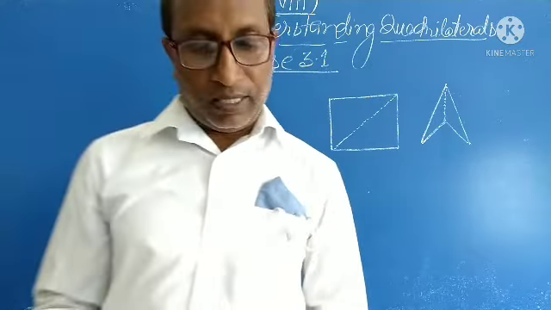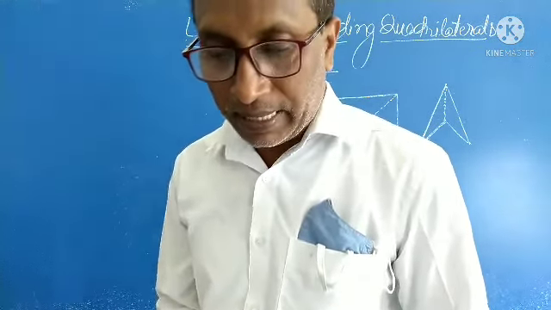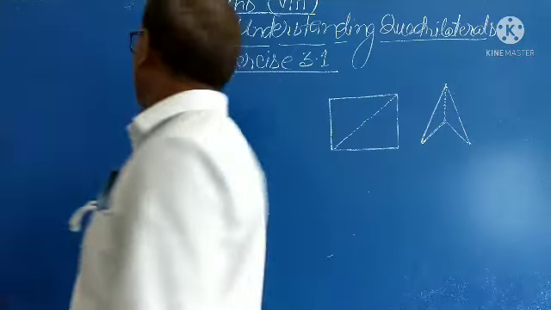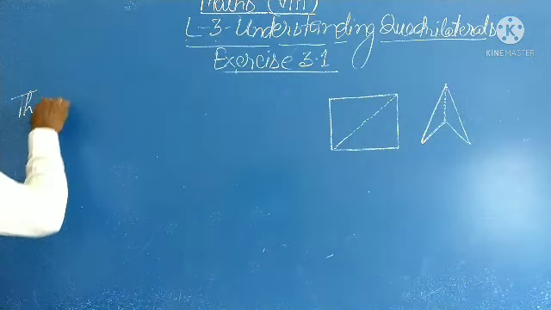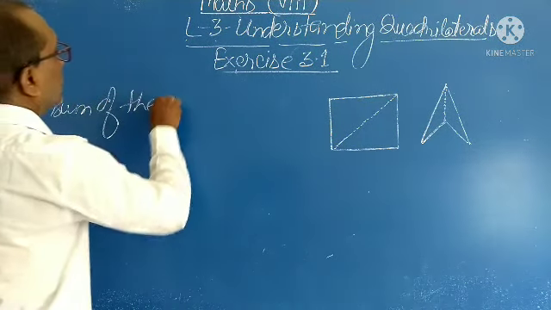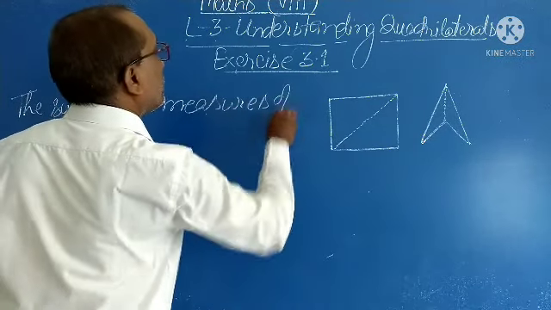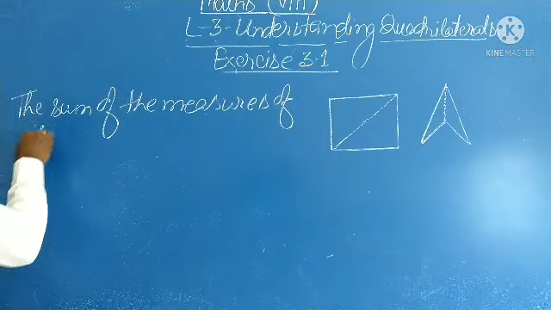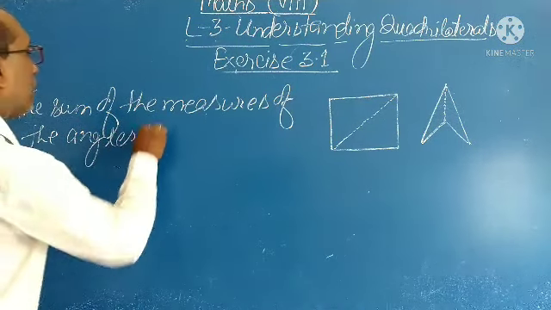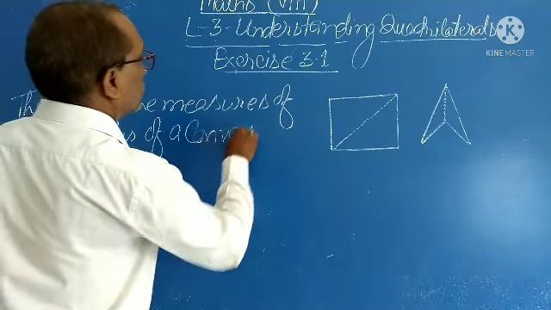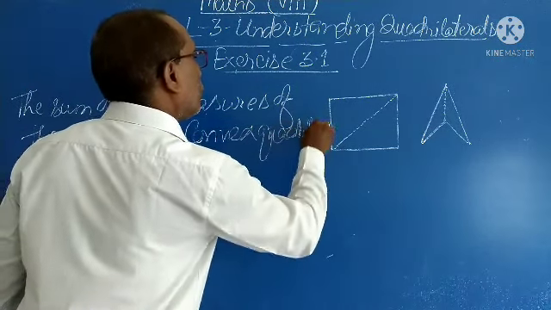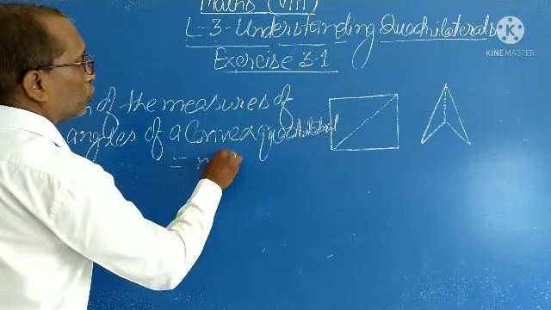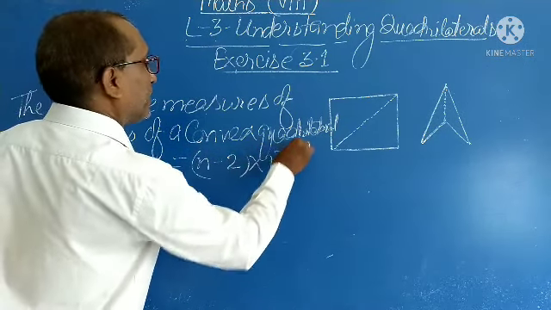You can also find it by the formula. The sum of the measures of the angles of a convex quadrilateral is equal to (n minus 2) into 180 degrees.